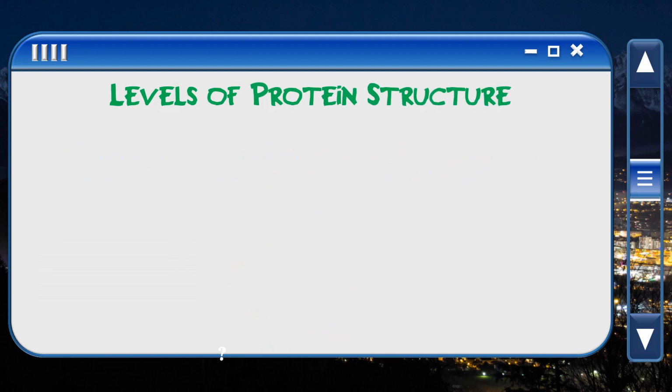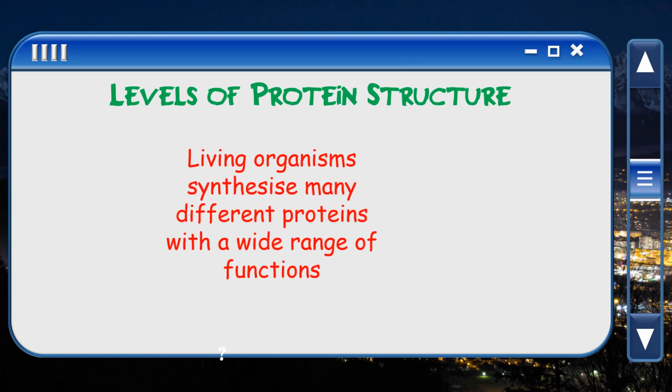Now we want to look at the levels of protein structure. How do they arrange themselves? How do we know that this one is a primary, this one secondary, tertiary, quaternary? How can we identify them? Now, we know that living things synthesize many different proteins, with a wide range of functions.